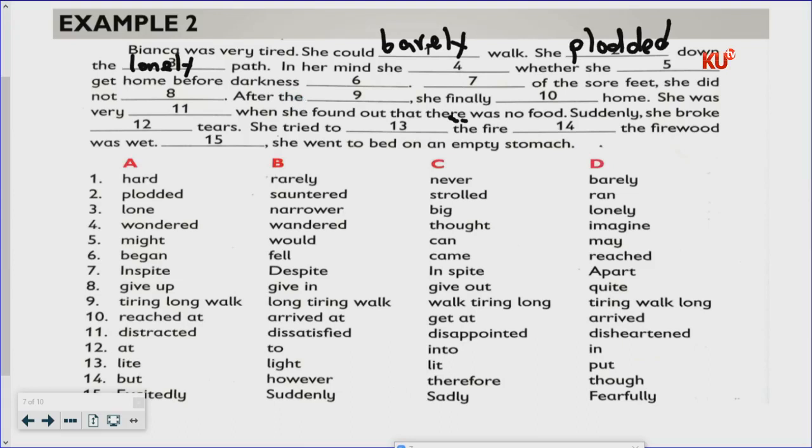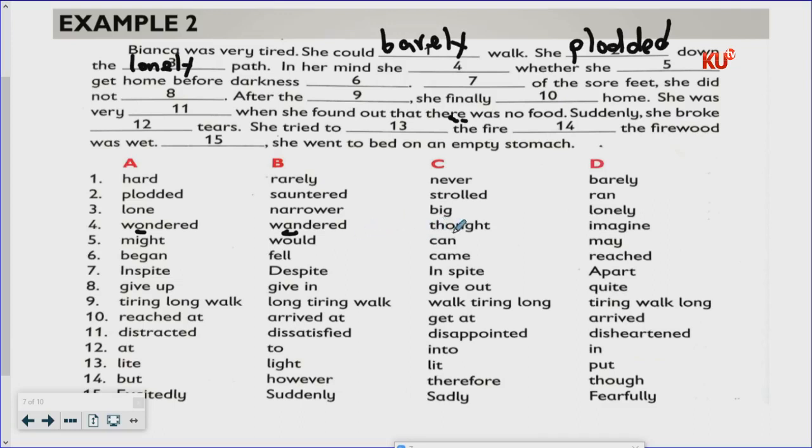This wondered here has O, while this one here has A. To wander is to walk from place to place aimlessly, like madmen or madwomen do. But to wonder is to be shocked about something, or to think about something. In her mind, she wondered whether.